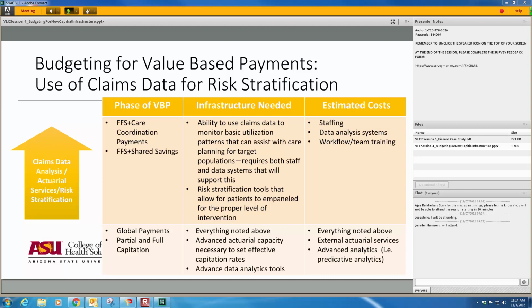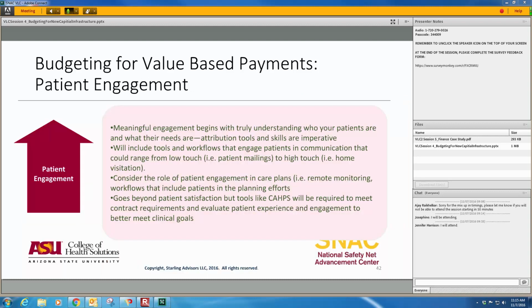And we don't necessarily assume that those are things that you guys have in place. So it's extremely important when you look at global payments and full capitation to be able to do some level of predictive analysis on those patient populations. And again, we think that's likely going to be something that you're going to have to outsource if you don't have access to it already.